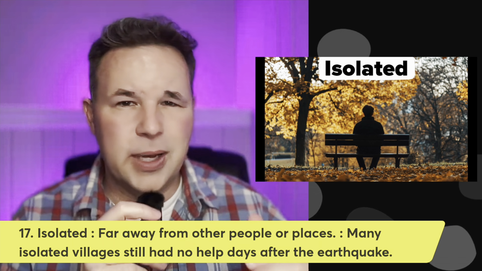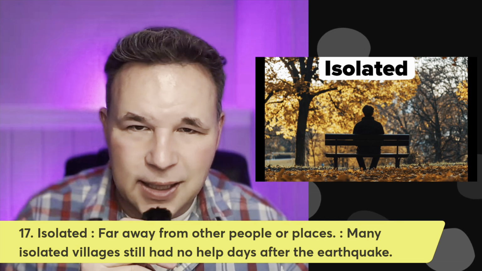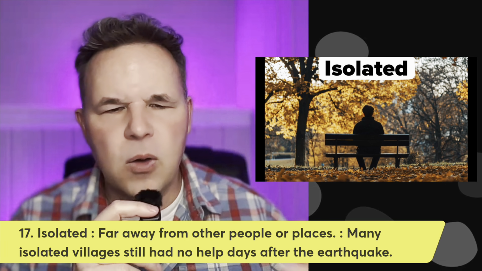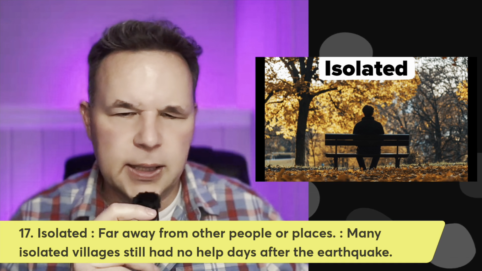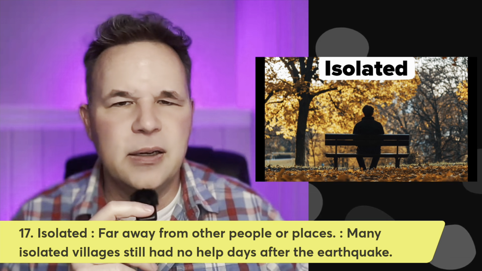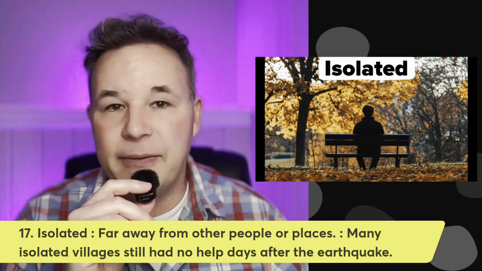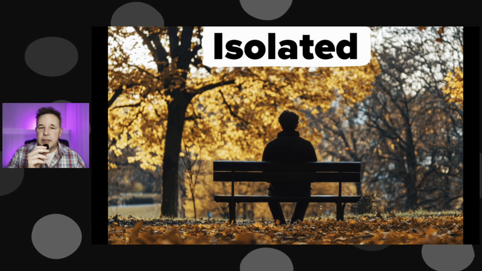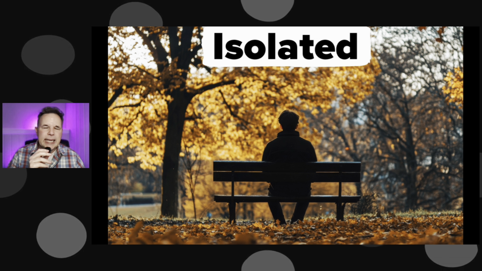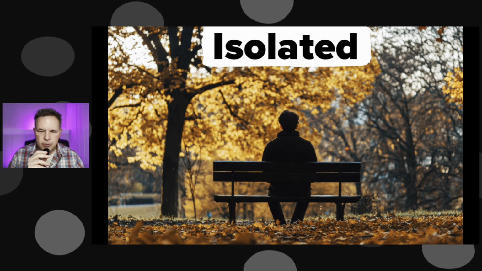You might also hear it called an isolated village. Let's talk about what that means. Far away from other people or places. Many isolated villages still had no help days after the earthquake. And that person in the picture looks pretty isolated. I don't see any other people around them.